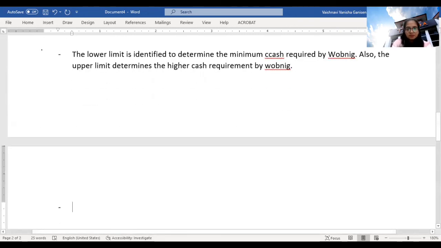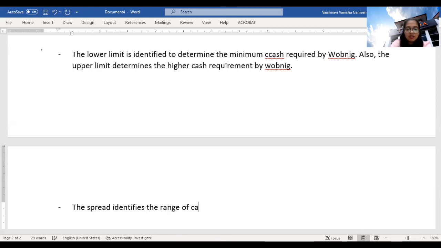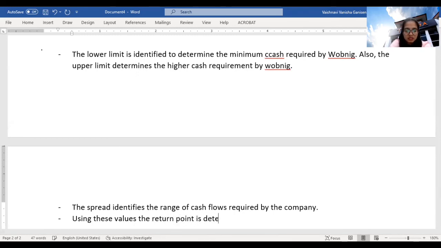The next one would be your spread. Spread identifies the range of cash flow required by company. Using these values, the return point is.